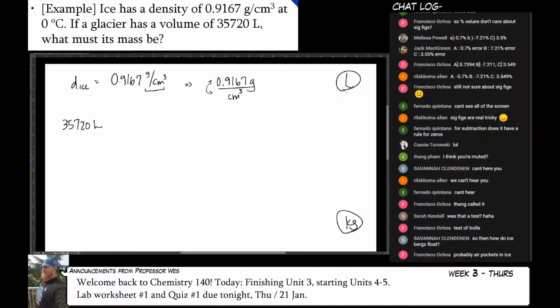I could turn liters into milliliters, which is the same as cubic centimeters. And then once I know cubic centimeters, I can then turn it into a mass, right? I just use this conversion. And that conversion would be, for every 0.9167 grams of ice I have, that's a cubic centimeter.